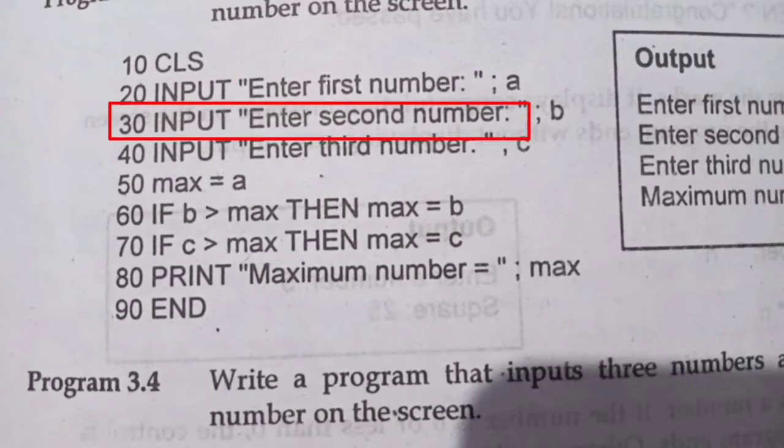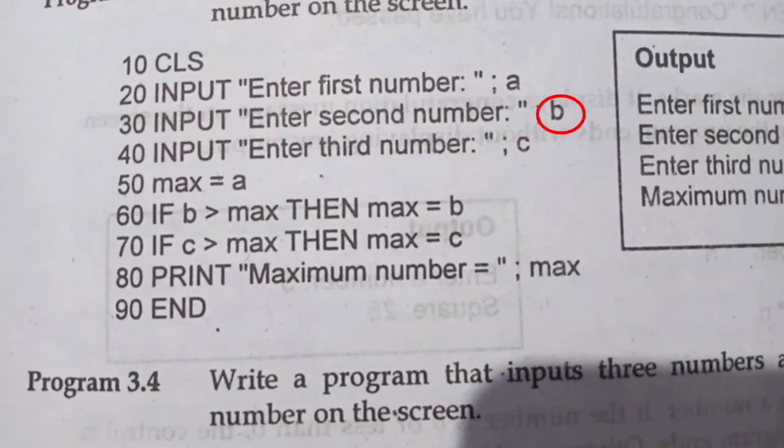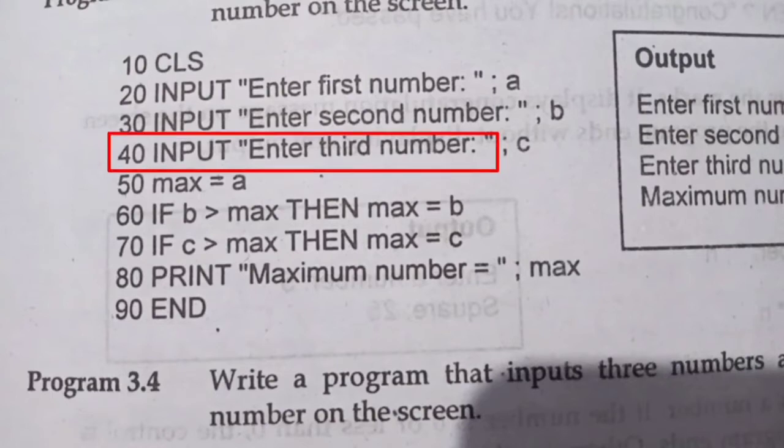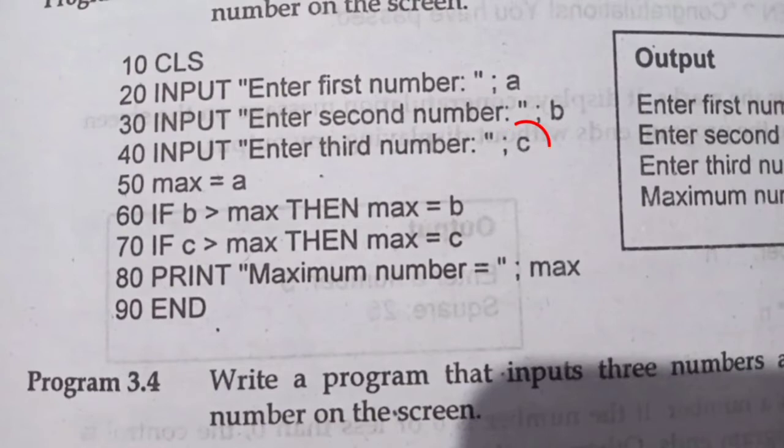Similarly, in line 30, we input the second number and store the value in variable b. And similarly, in line 40, we input the third number and store the value in variable c. Let's suppose a is the maximum number, so in line 50, we assign variable a as the maximum number, like max is equal to a.